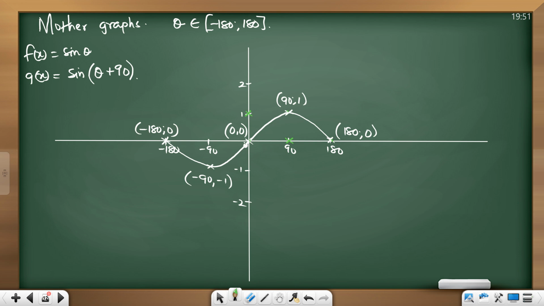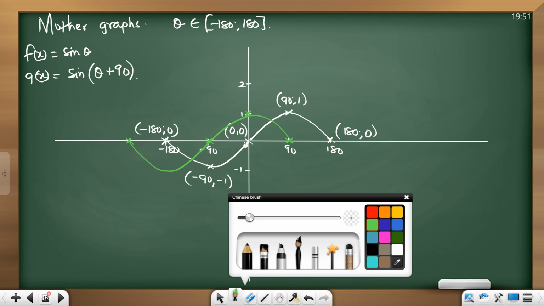This 0 will come here. And this 180 would move there, right? So what should our graph look like? Do we agree? Make sense?